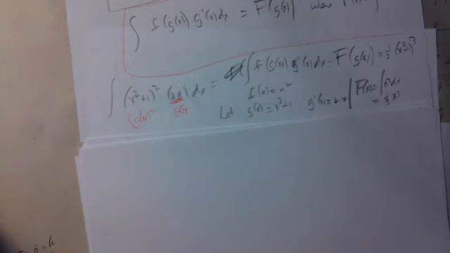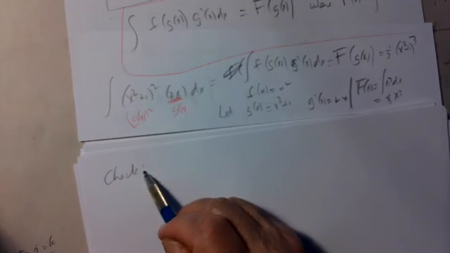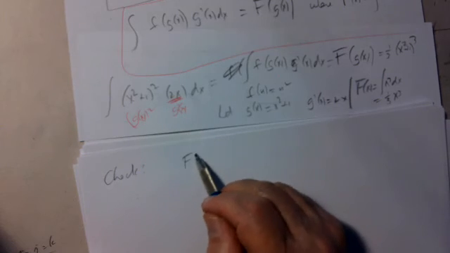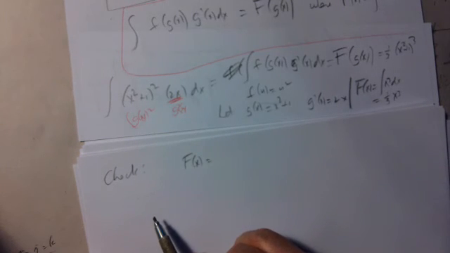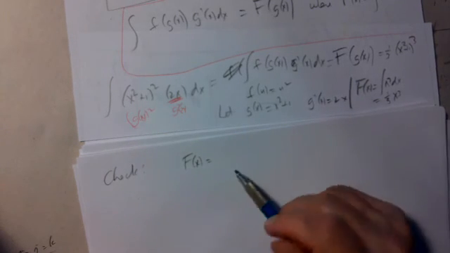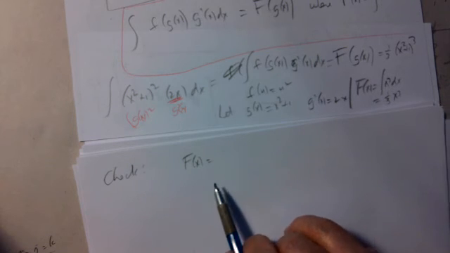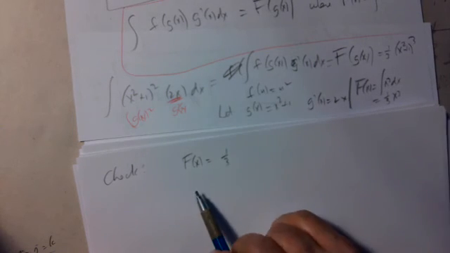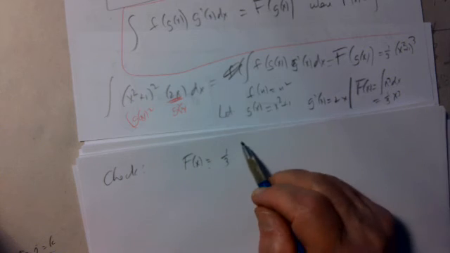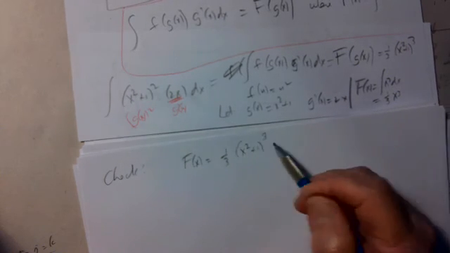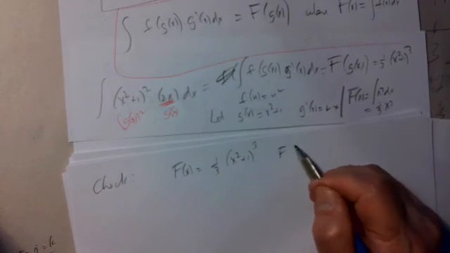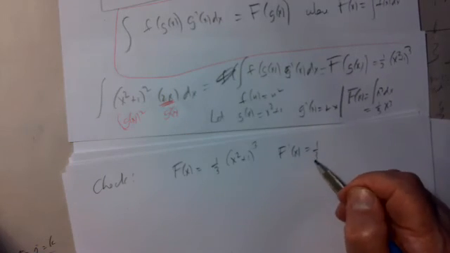Now, it's always possible to check an antiderivative by differentiating. So let's just check. If I take the function capital F of x equals one-third x squared plus 1 cubed, when I differentiate this, I get 1/3.